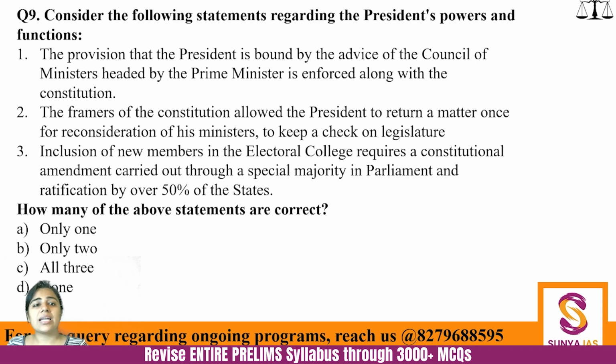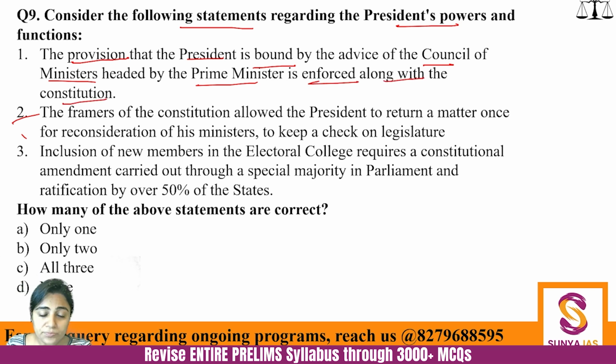Next question. Consider the following statements regarding the presidential powers and functions. The provision that the president is bound by the advice of Council of Ministers headed by the Prime Minister is enforced along with the Constitution.